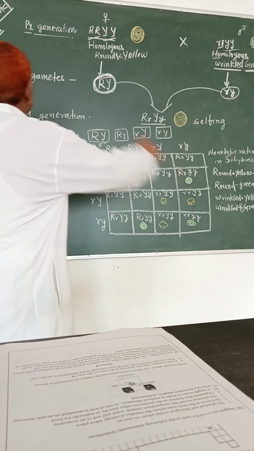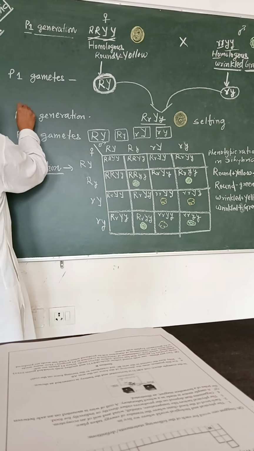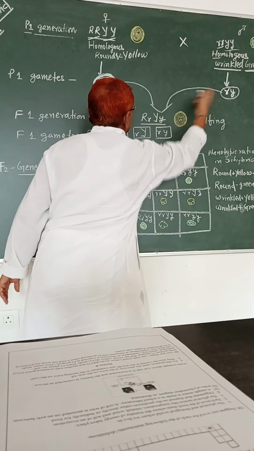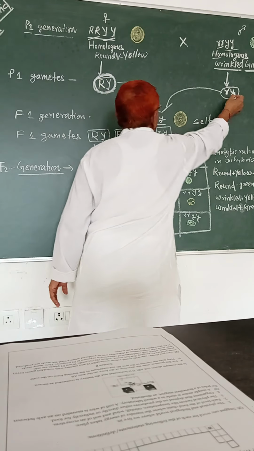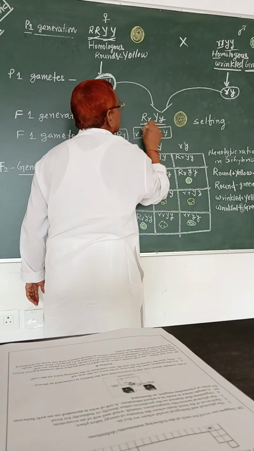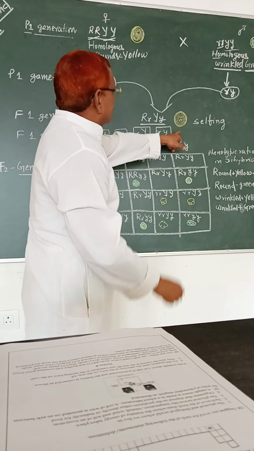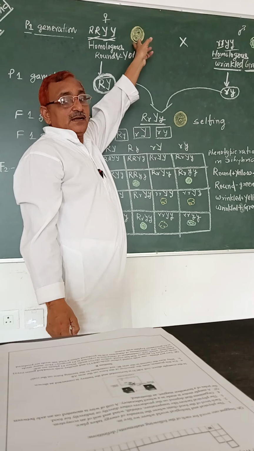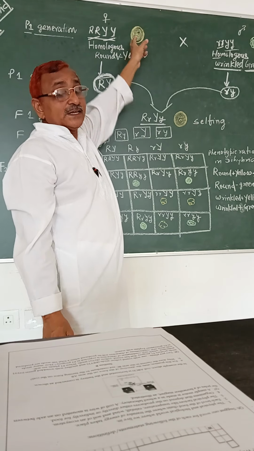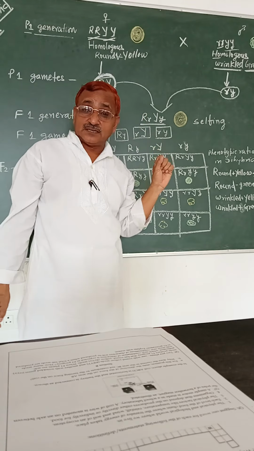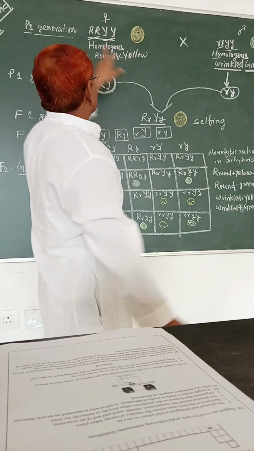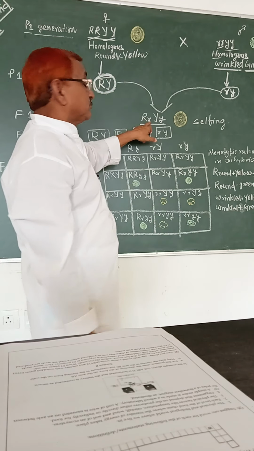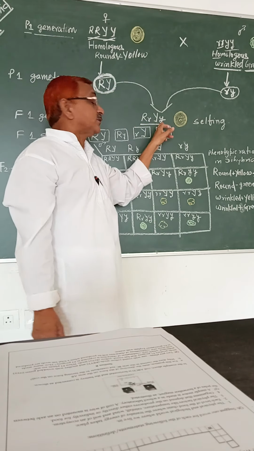So we have the next generation F1, the probability of fusing this one. So we have a capital R, a small r, capital Y, a small y. What you are looking at here, the phenotype will be similar to the P1. Which law is applicable here? Can you tell me? It is according to the law of dominance. So capital R is dominant over small r, capital Y is dominant over small y.